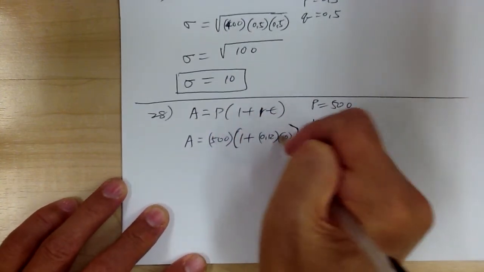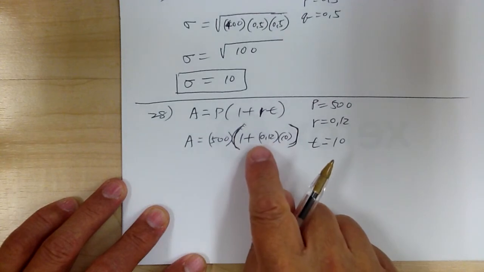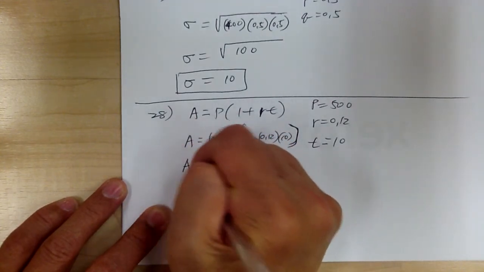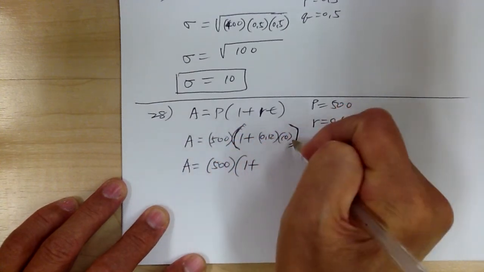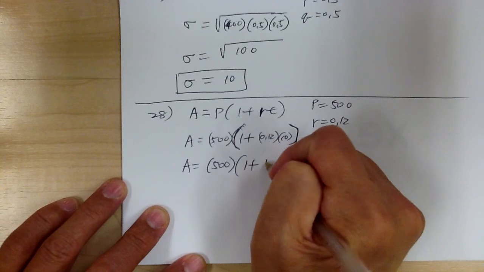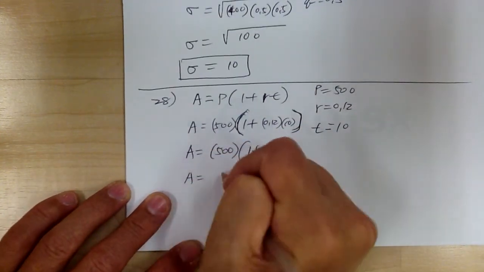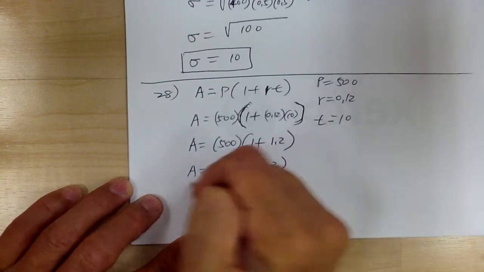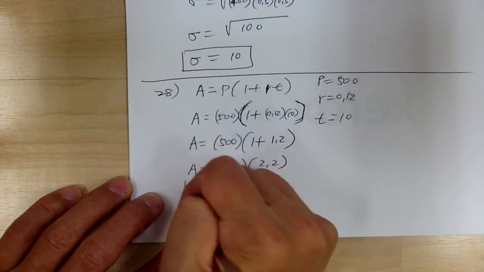You have to work out the parentheses first. Inside the parentheses, you have multiplication and addition, so you do the multiplication first. You can do one step at a time, don't try to do too many steps. When you multiply, you get 1.2. Now you can add, so A equals 500 times 2.2. You multiply, use your calculator, and you get 1100.